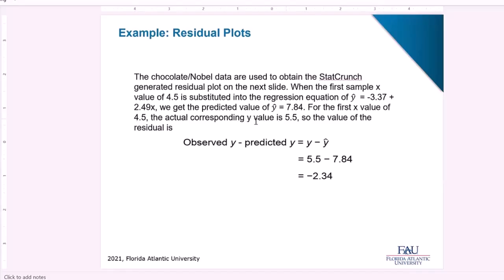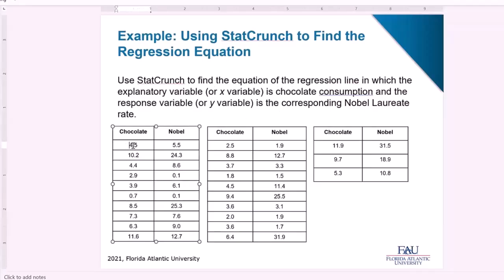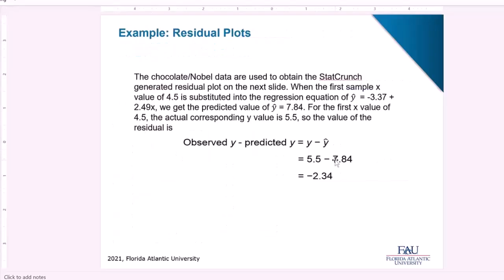The value of the residual is the observed value minus the predicted value, or 5.5 minus 7.84. Where did we get this 5.5? Let's look at our values. 4.5 was the chocolate we observed. Our actual Nobel data that we observed is 5.5. When I plug my 4.5 into this regression equation, I get 7.84. I subtract them, and I get the residual.